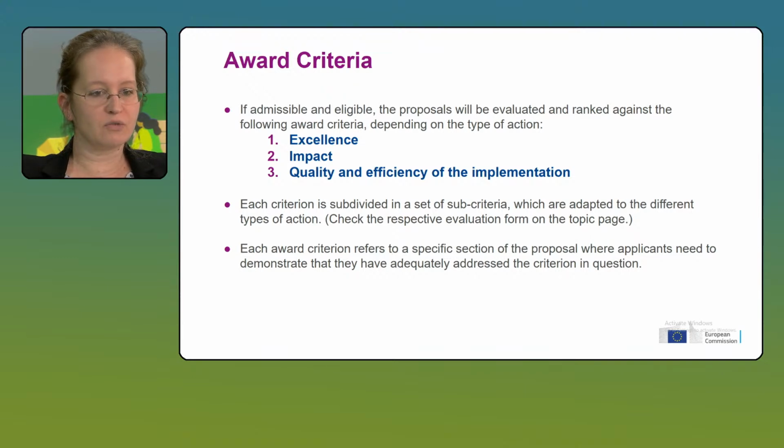Each award criterion refers to a specific section of the proposal, and these sections in the proposal mirror the evaluation form that the experts will be using. So it's really meant to guide the experts in finding the appropriate information in your proposal. Next slide, please.